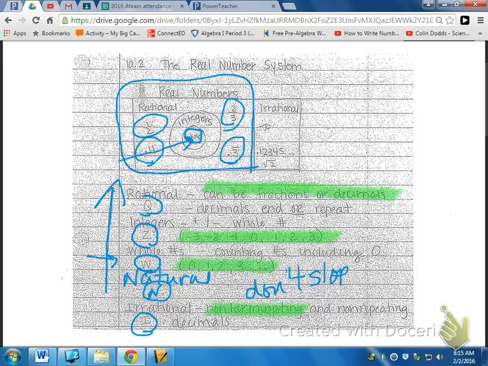That means when you see them, you'll always see a dot, dot, dot at the end. And they are also non-repeating, okay? So if you saw something like 0.1212121212, that's repeating. But if it was something like 0.123789, you know, that is not repeating the same digits. So that's irrational.